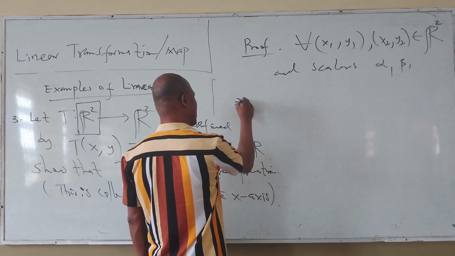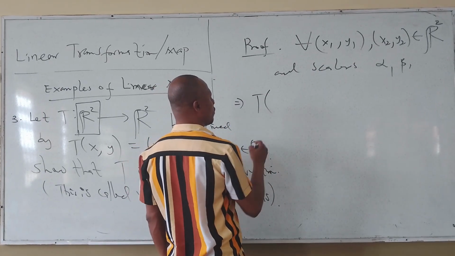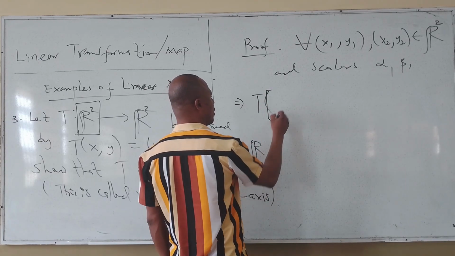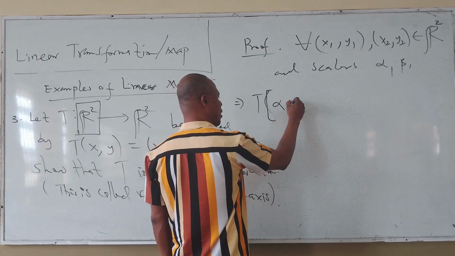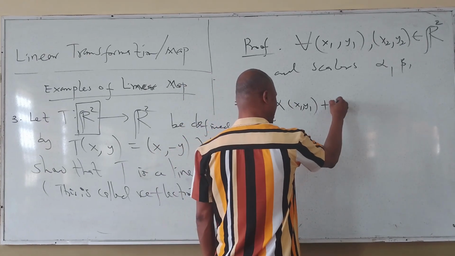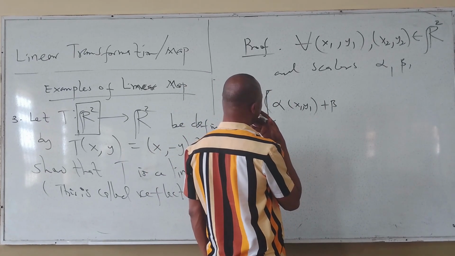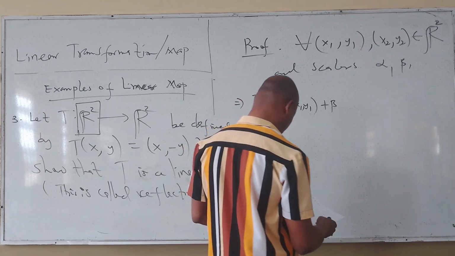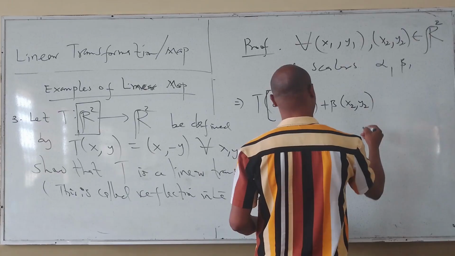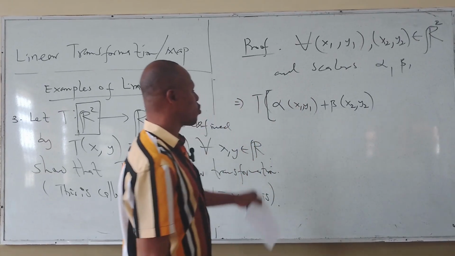So this means that T of, let me put it this way, alpha (x1, y1) plus beta (x2, y2). So it's going to be x1, x2.